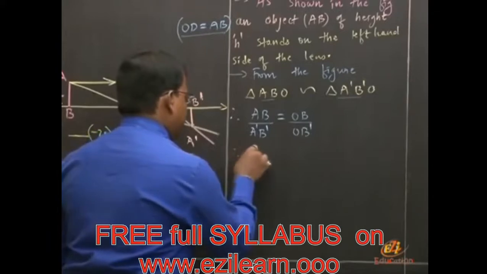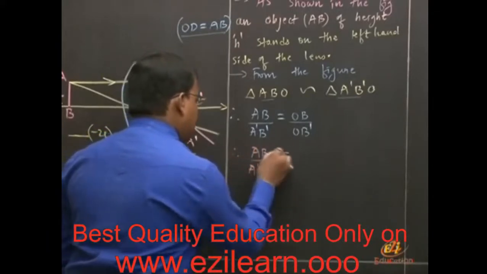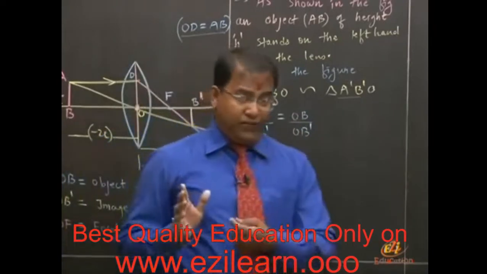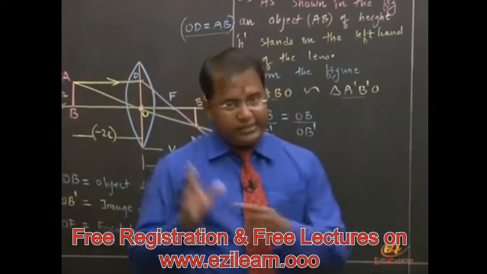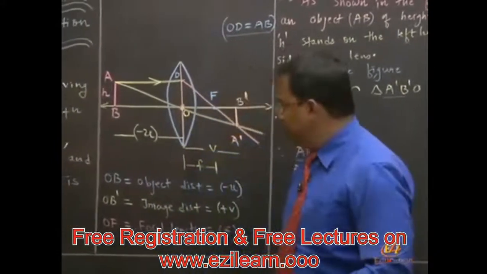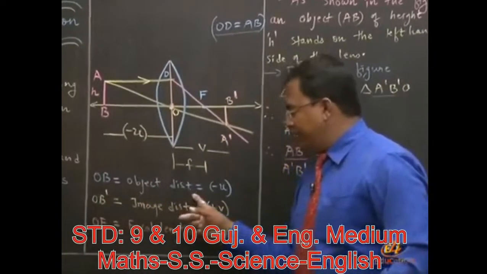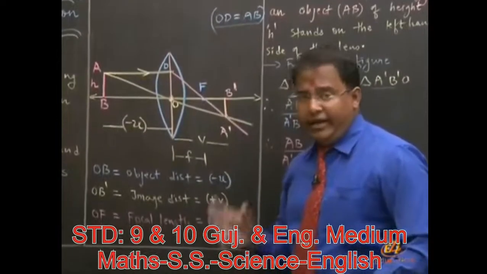Now AB upon A dash B dash. What is OB? What is OB dash? So let us come to the figure, friends. I will show you what is OB and what is OB dash. Here it is, the figure. OB is nothing but the object distance which is minus u. Why has it attained a negative value?